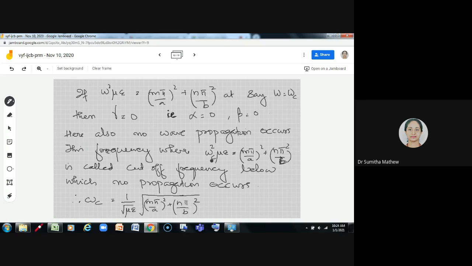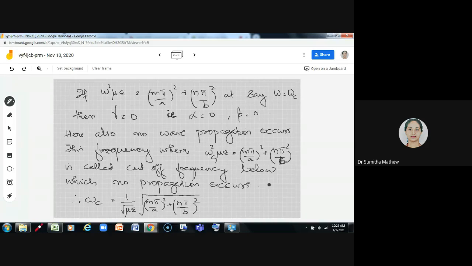Okay, only above that. So an expression for omega c can be obtained by equating these two, and taking the square root, we get omega c equal to 1 by root of mu epsilon into root of (m pi by a) whole square plus (n pi by b) whole square.